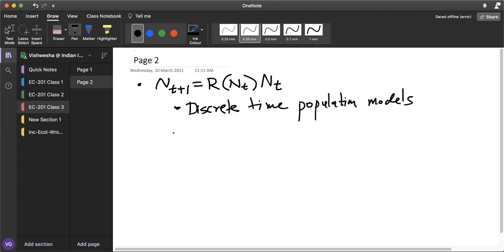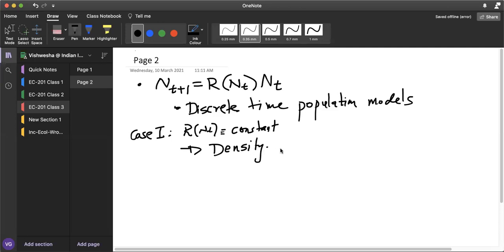In these discrete time population models, if you go back to case 1 here, which I wrote as R of NT is a constant, this corresponds to what is called a density independent model, density independent population growth.